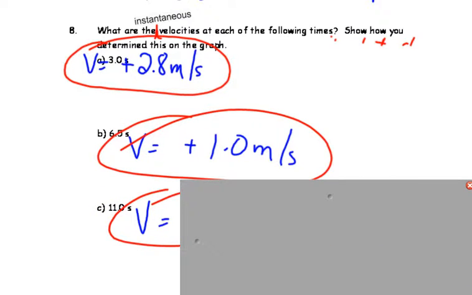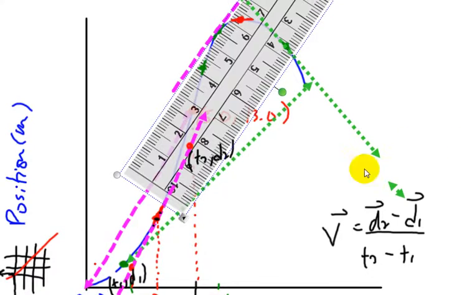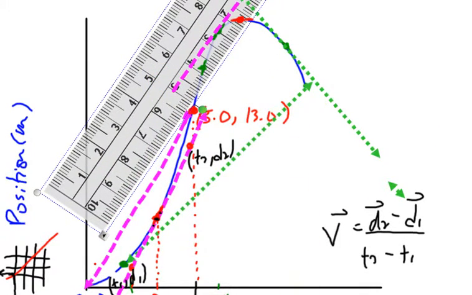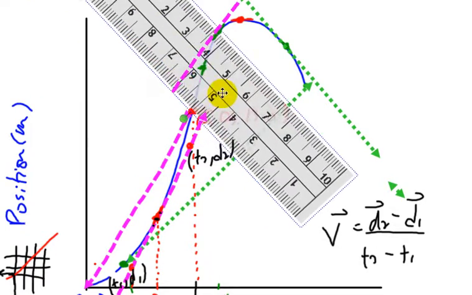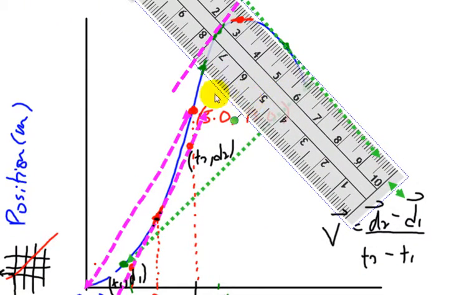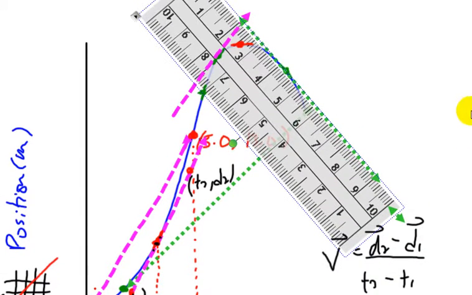Lastly, at 11 seconds. 11 seconds is somewhere over here. So let's see, moving up, it's right there. So slightly on either direction of that point, you can see the slope is kind of moving in this direction. So if I get the ruler there and try to match it up, and then the line I drew is this dotted green one.